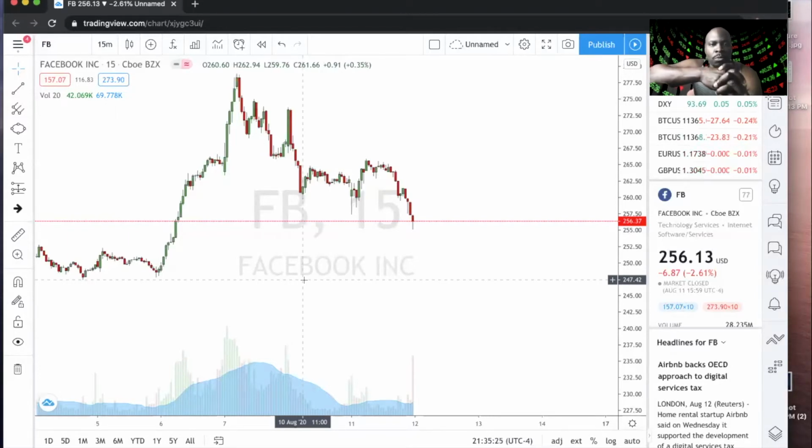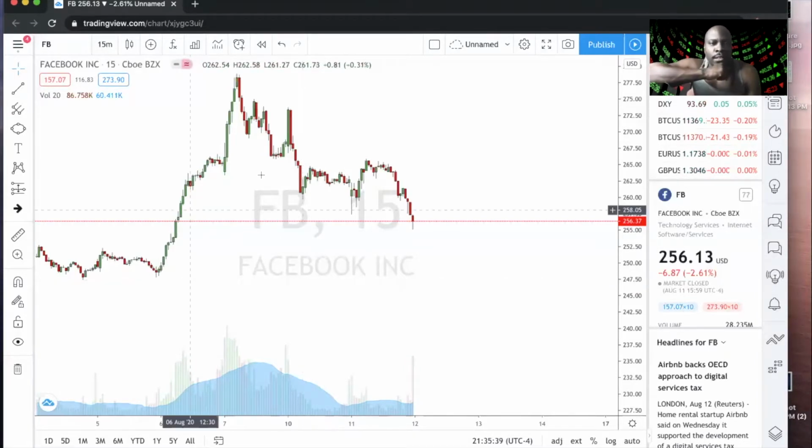Now, what you're looking at here specifically is a stock chart for Facebook. Yes, we got that. However, we're looking at a candlestick chart, right? And that's basically what each of these little lovely colors represent.